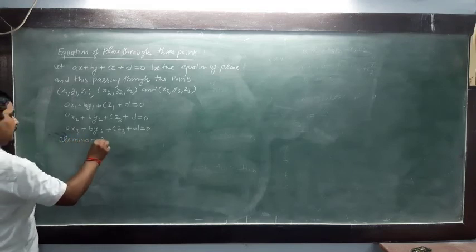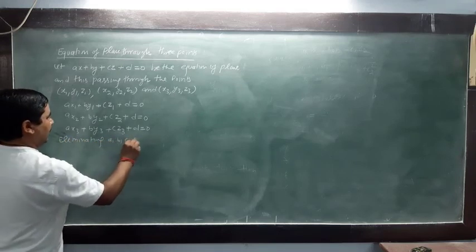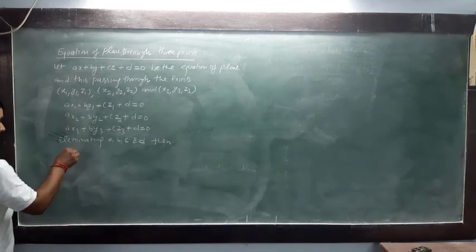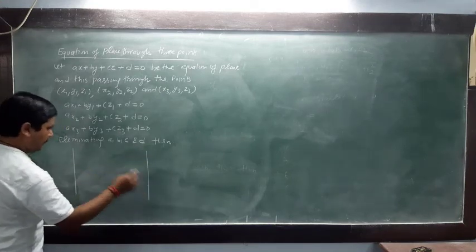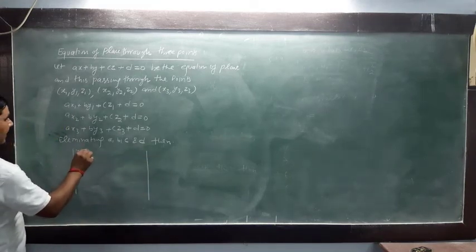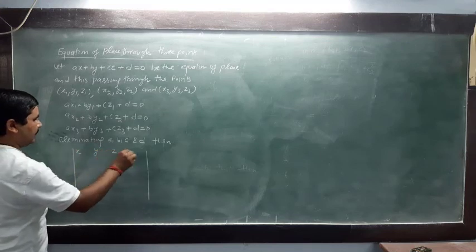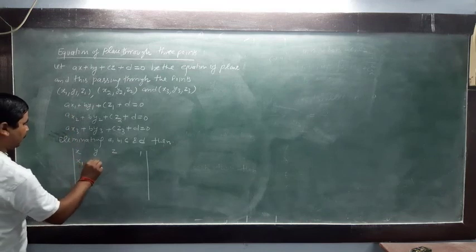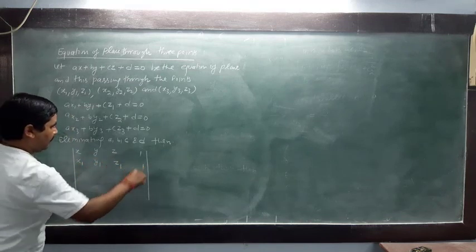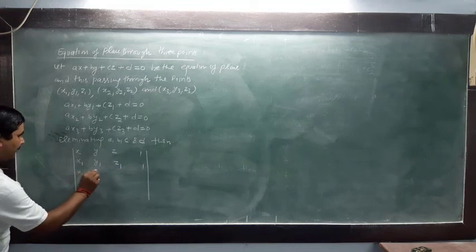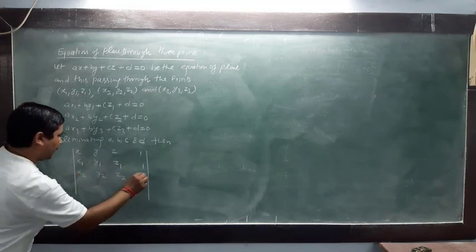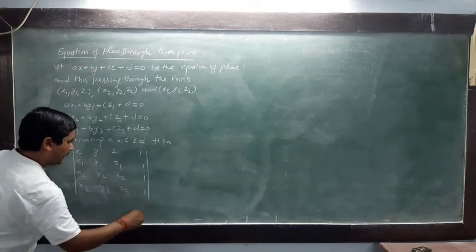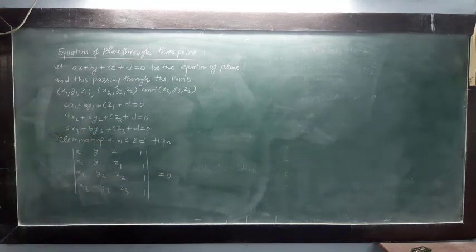Eliminating a, b, c and d, then we have this determinant: x, y, z, 1; x1, y1, z1, 1; x2, y2, z2, 1; x3, y3, z3, 1 is equal to 0.